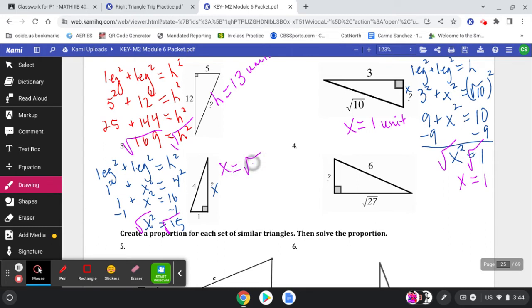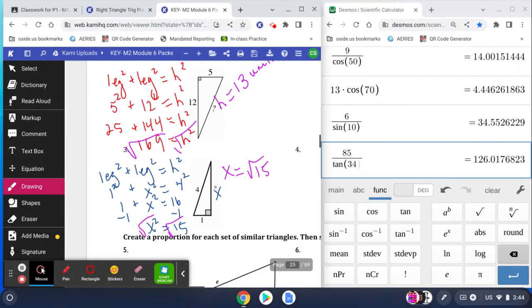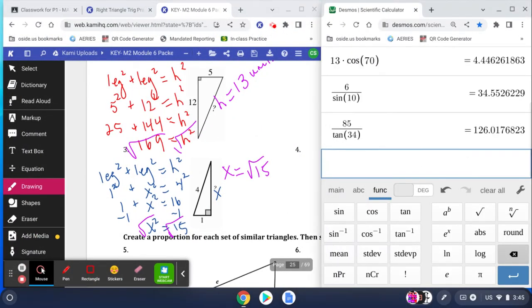And so the answer is sometimes we just leave our answer in radical form, but also you can give this answer as a decimal form by just taking the square root of 15. And we get 3.87. Root 15 is our exact answer of the length of the side, and approximately 3.87 is the approximate answer of the missing side.